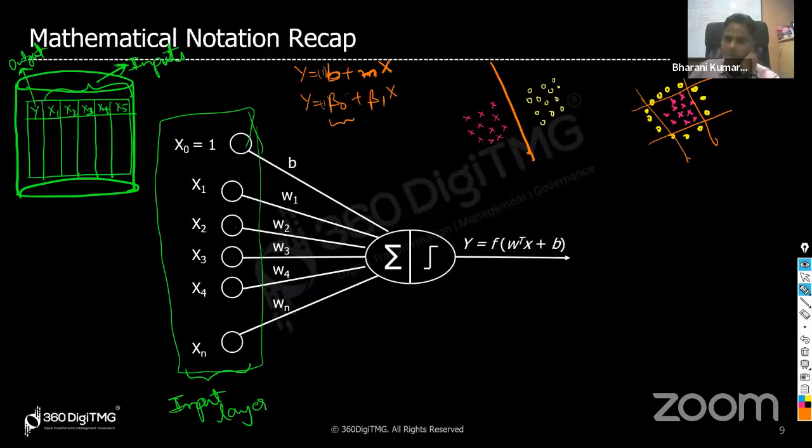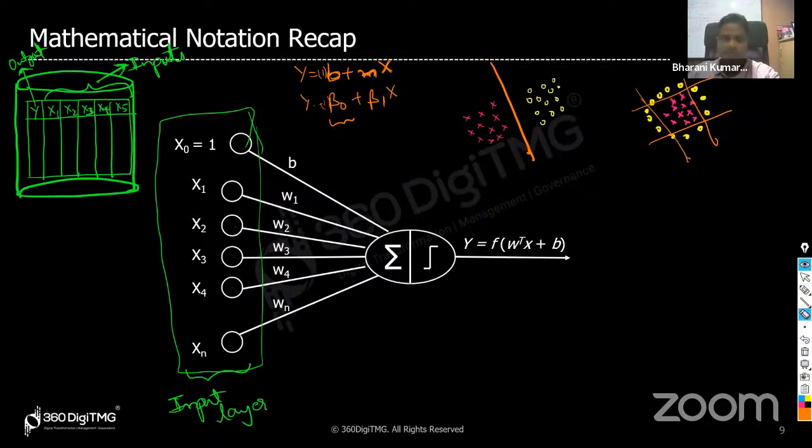Here you have b, which is actually multiplied with 1. 1 multiplied with anything is itself. That is the reason you have this additional input, which will be b. And you always multiply it with 1. Hence, you're supplying x0 equal to 1. 1 into b will be b. So b plus w1 into x1 plus w2 into x2 plus w3 into x3 plus w4 into x4 plus w5 into x5. That's how it works.